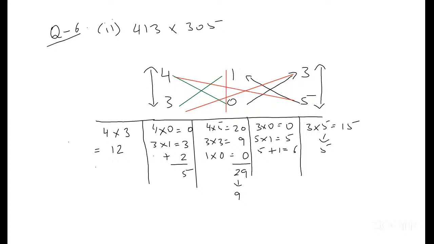You can normally multiply and check out the answer. 413 into 305. We will get the answer 125,965.